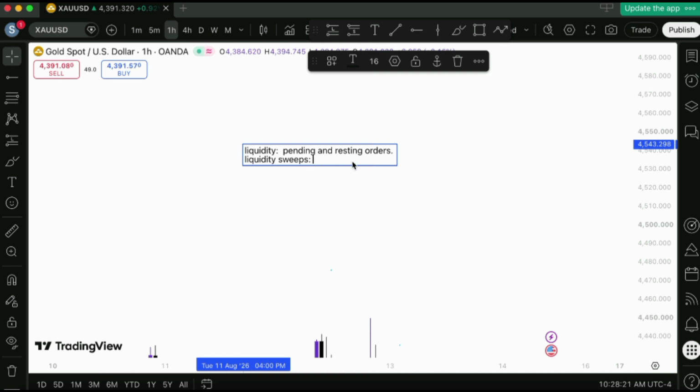Liquidity sweep is when we take out and fill these orders or pending orders to be able to move price to the opposite direction.